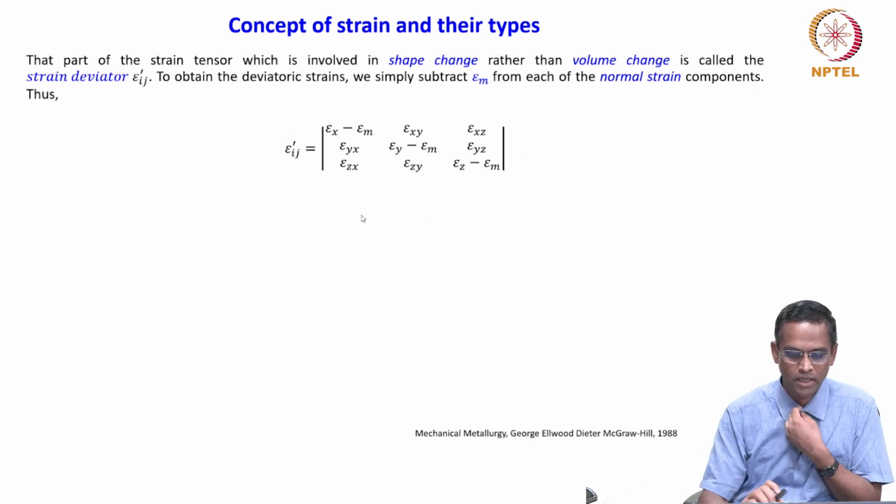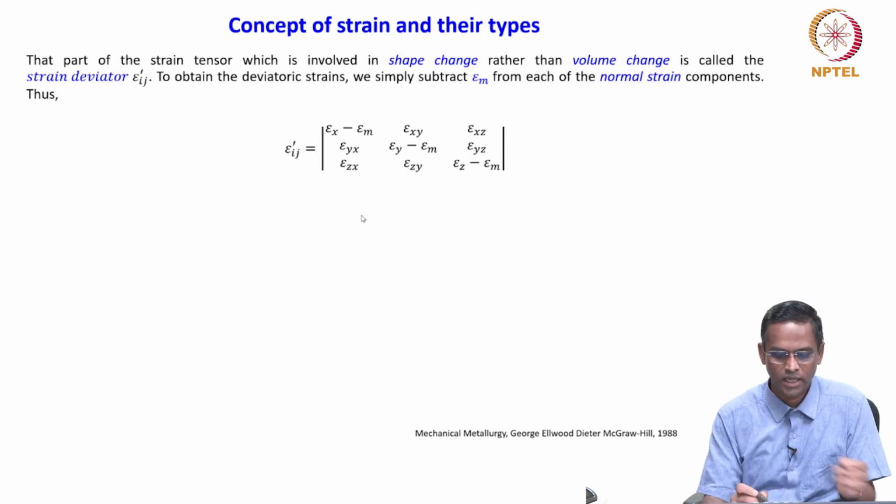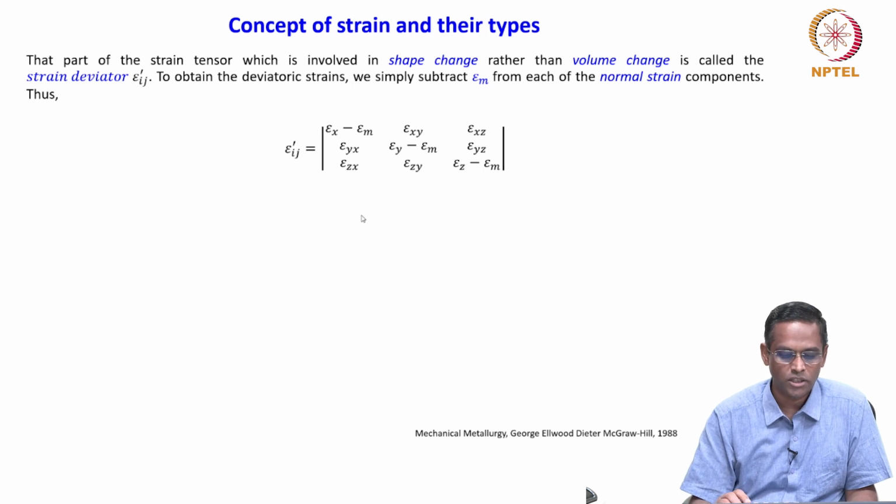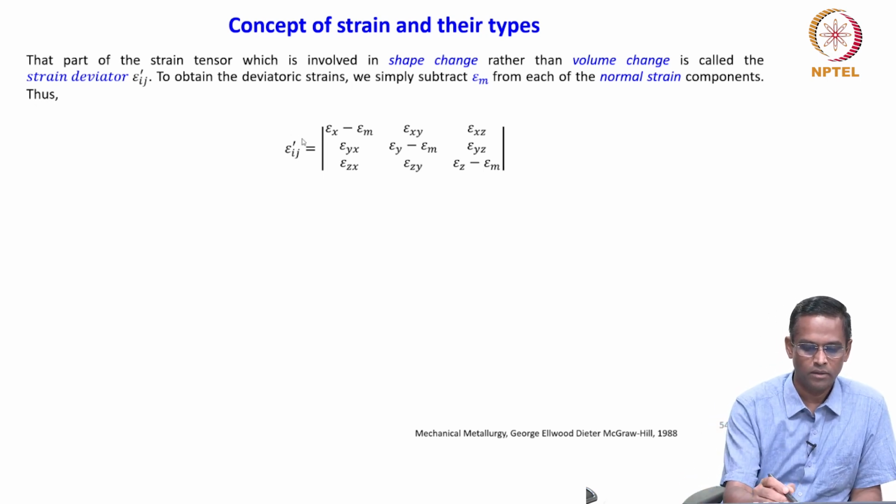This tensor matrix is exactly similar to the stress matrix. So, the deviatoric strain is epsilon ij prime is equal to epsilon x minus epsilon m.